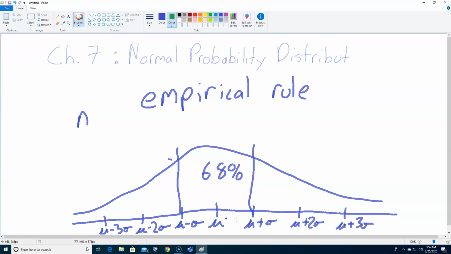So within 1 standard deviation, plus or minus a sigma, it holds 68% of the probability. Within 2 standard deviations of your average, so plus or minus 2 sigmas, it'll hold 95%.